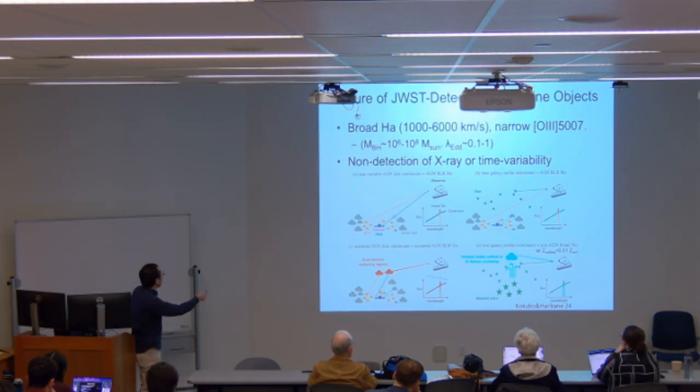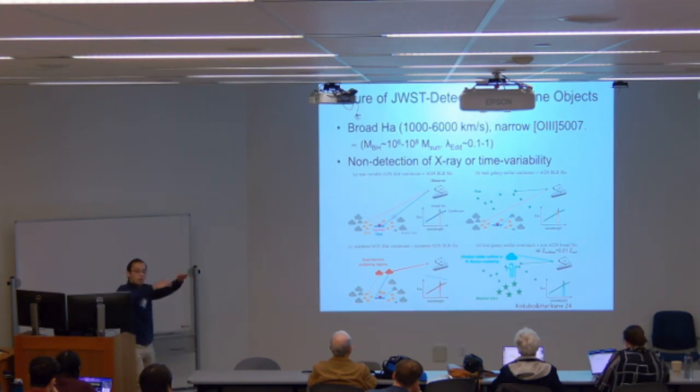In the first scenario, the continuum may be dominated by a very stable, non-variable AGN disk continuum. In the second possibility, the continuum may be dominated by host galaxies. And in the third possibility, the continuum may be dominated by scattered AGN disk continuum.